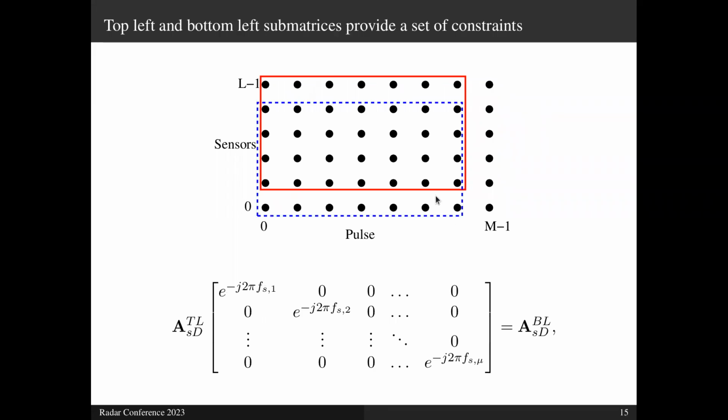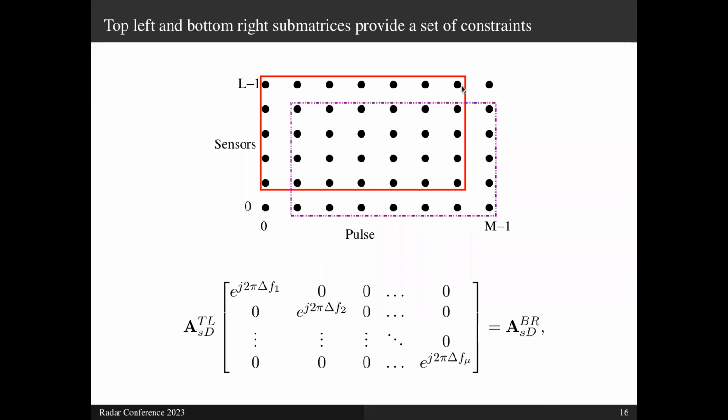Similarly, we can look at the top left submatrix and the bottom left submatrix. These submatrices have to satisfy this equation because of the shift invariant structure. And one more, we can look at the top left submatrix and the bottom right submatrix, shown by the purple block, and these submatrices have to satisfy this equation.